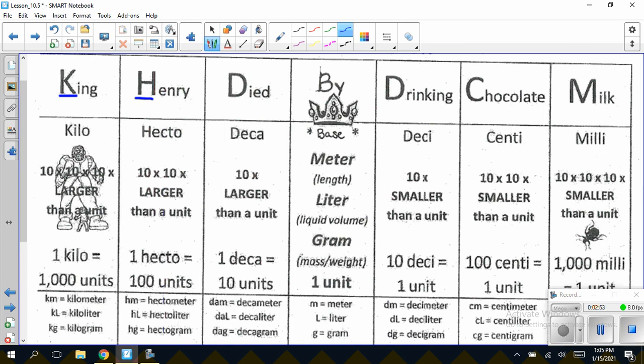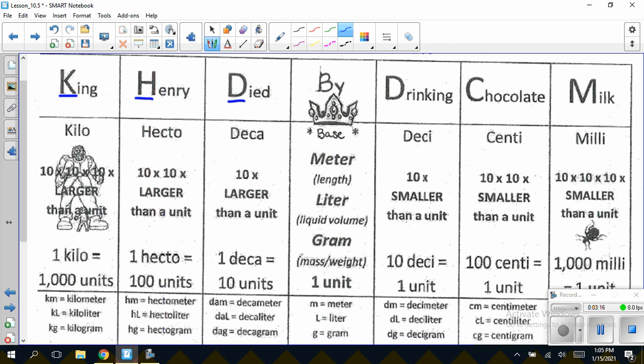The next one for died is deca. So when we are working with deca, you will notice the abbreviations at the bottom for the decameter, decaliter, and decagram. We do have the abbreviation of DA to represent deca because you obviously see that there is another prefix that starts with a D as well.